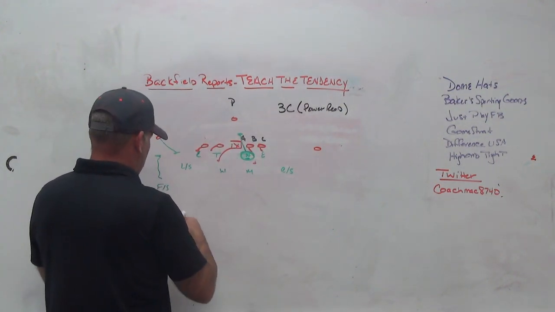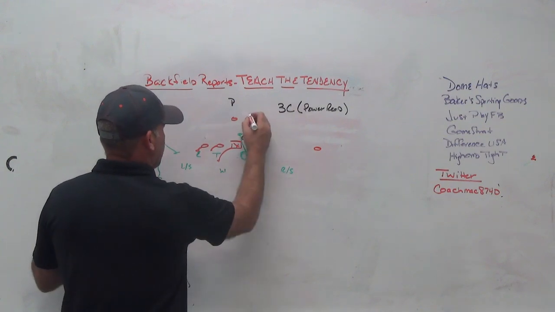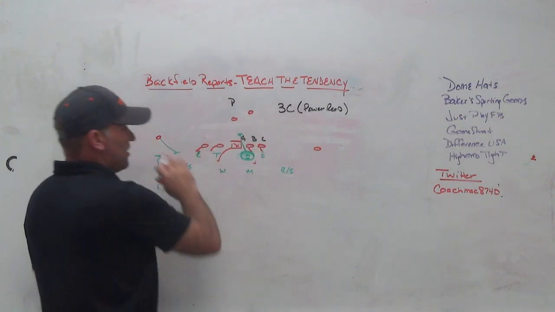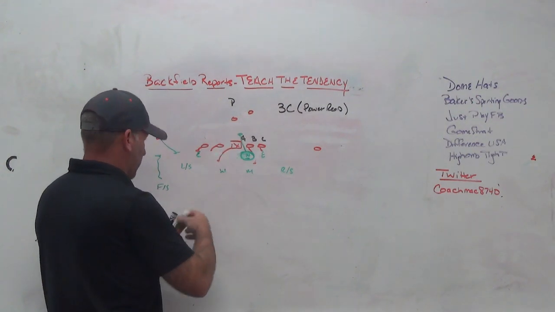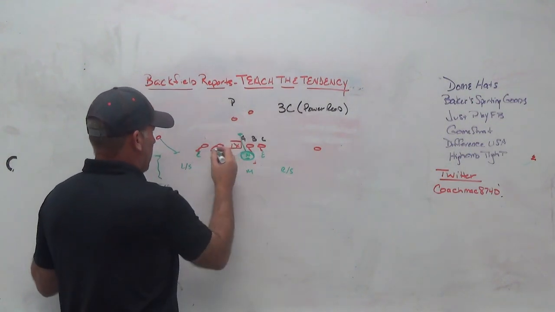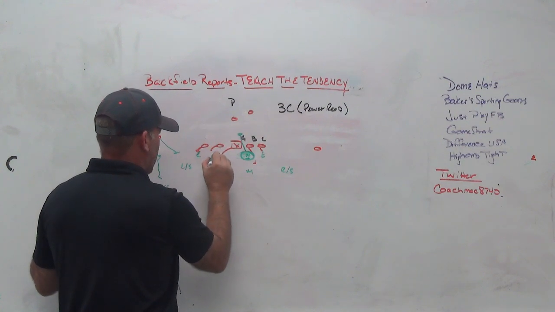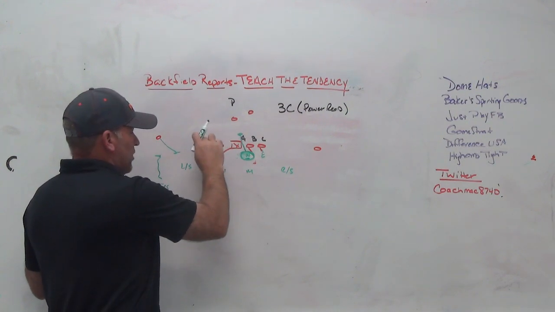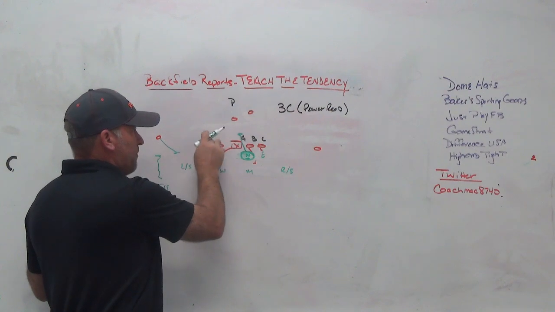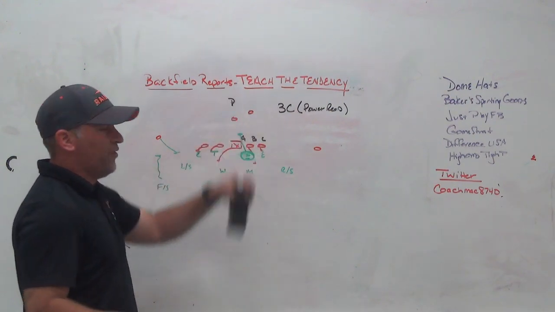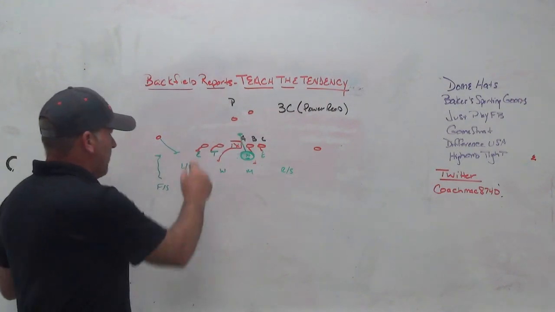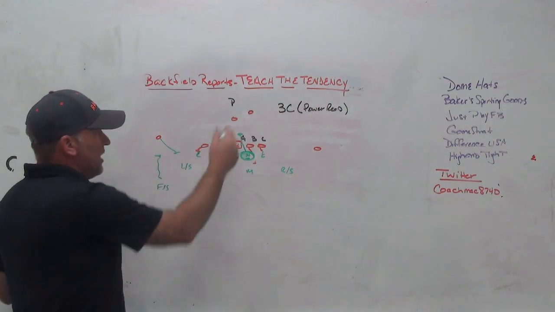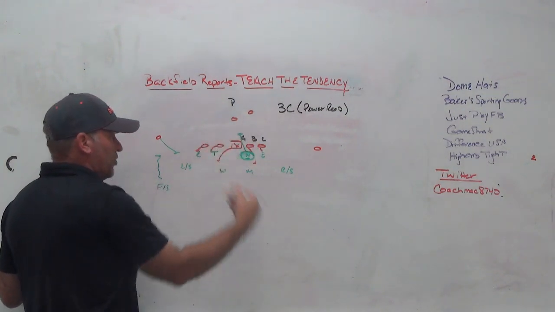If the 3 technique knows that with the back over here, he's not going to get any zone runs away from him, you want to play him a little bit thicker, or even a little bit wider per se, because you're not worried about him getting overtaken by the backside tackle. With the backfield set that way, they don't have any theories that involve the backside tackle overtaking him. It's all runs coming at him or some other deal.